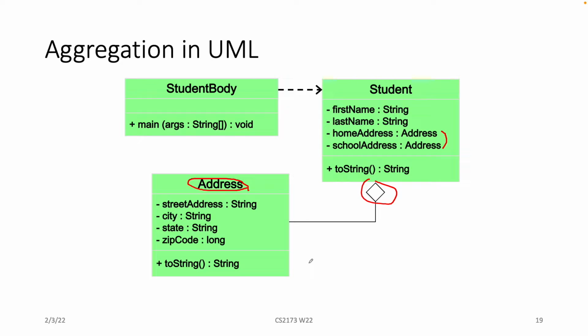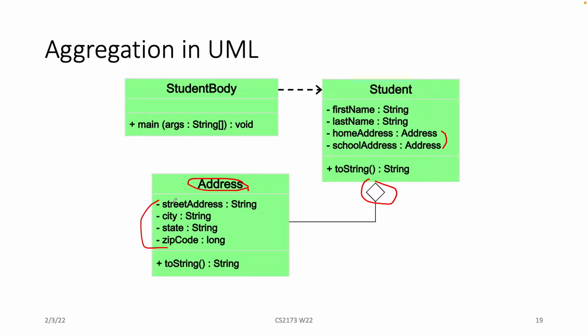I hope you can see the advantage of doing it this way, because if we wanted to store each of these pieces of information, the street address, the city, state, and zip, in the student class, and we wanted one for the home address and one for the student address, we would need 8 extra of these things within the student.